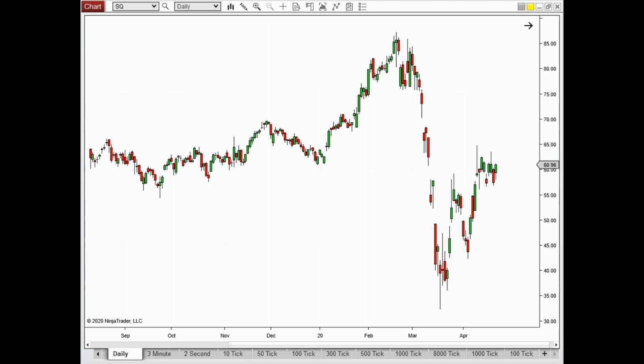What could be a catalyst that could push the market higher? Vaccine trials going through nicely, but I think we're a little premature for that. Some sort of a cure for COVID-19, better treatment options. But I think that's going to be kind of a temporary boost.